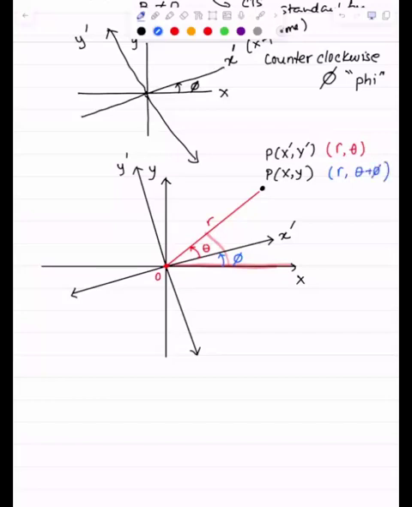And we know if I drop this line here, then this piece is r cosine theta and this length is r sine theta.